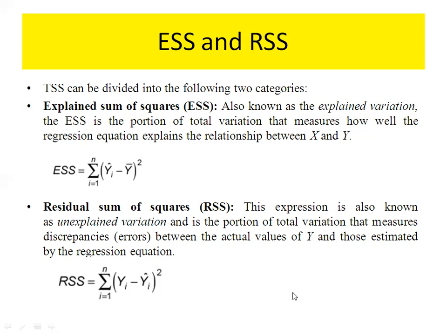How is this predicted Y value obtained? It is predicted by the estimated regression equation. So the errors between the actual Y value and the predicted Y value estimated by the regression equation, this is what RSS is. Very simple, right? So TSS, ESS, RSS, very simple.